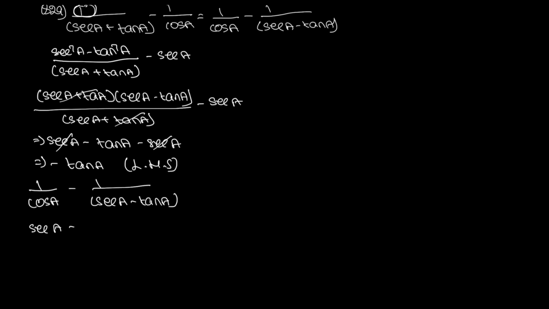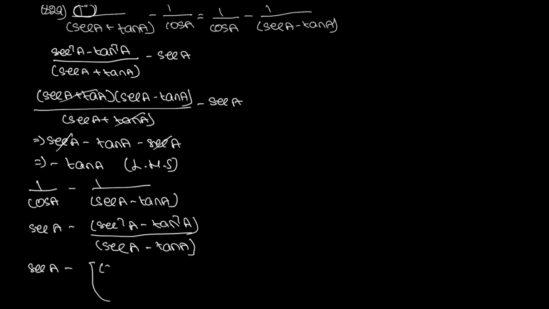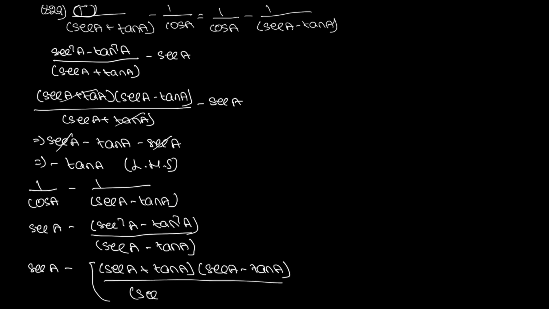Again, we'll write this one in the form of secant square A minus tan square A. And the denominator remains same, which is secant A minus tan A. Again, we'll expand this numerator in the form of A plus B into A minus B. We'll get it as secant A minus secant A plus tan A into secant A minus tan A whole divided by secant A minus tan A.